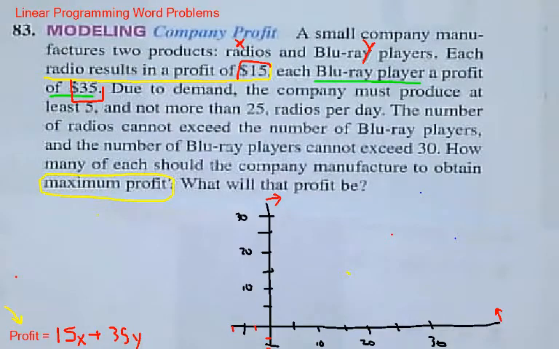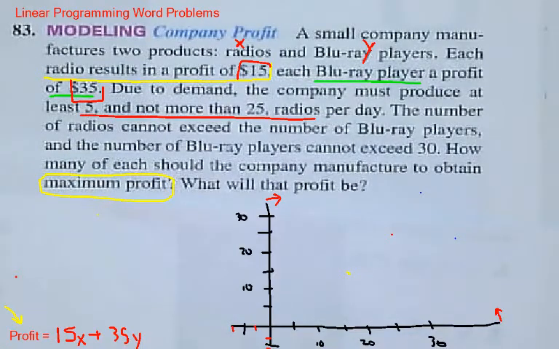Okay, let's write some equations. Due to demand, the company must produce at least 5, but not more than 25 radios. So at least 5, but not more than 25.